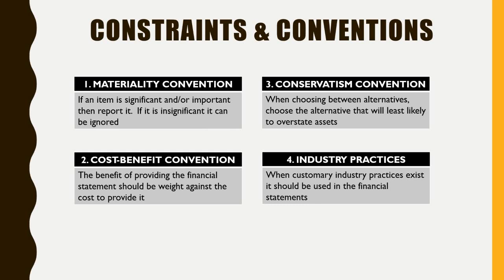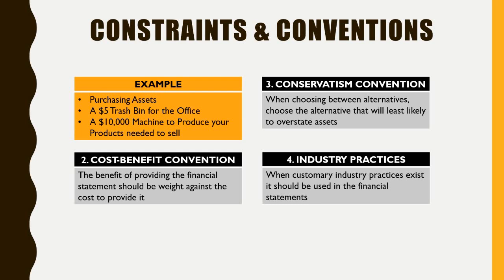All right, so when we talk about materiality, there's a lot of things in the world that have some kind of value to it, but how do we put a price on it? That's the question. So I'll give you a perfect example that makes it simple and easy to understand.